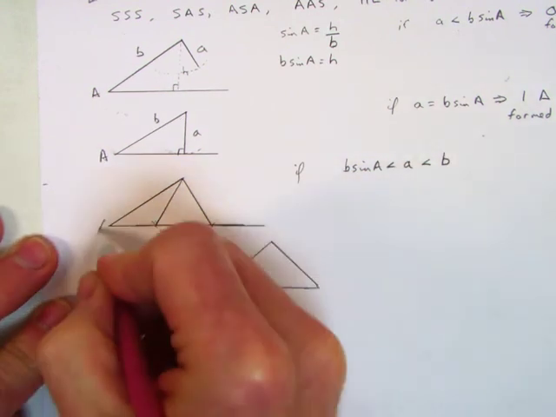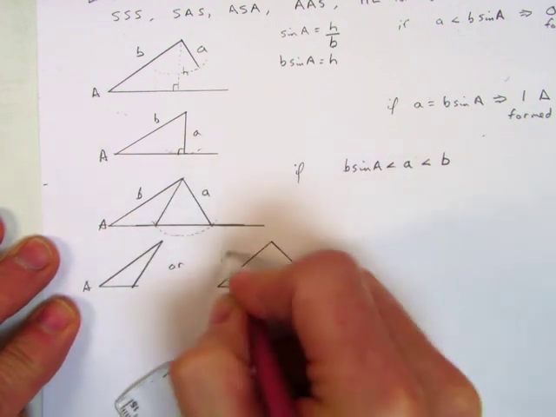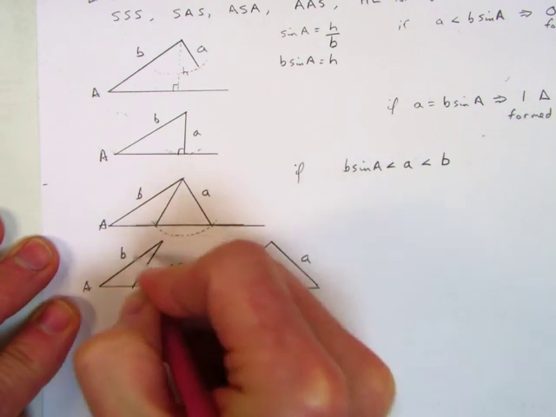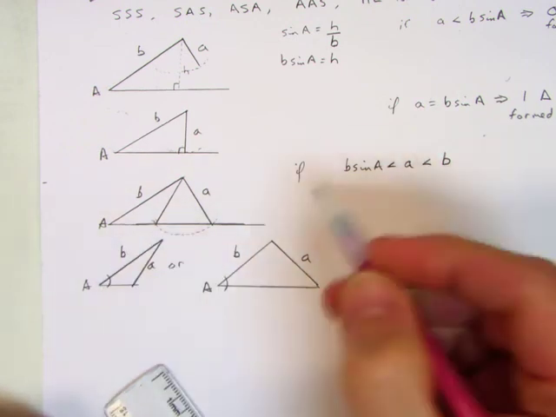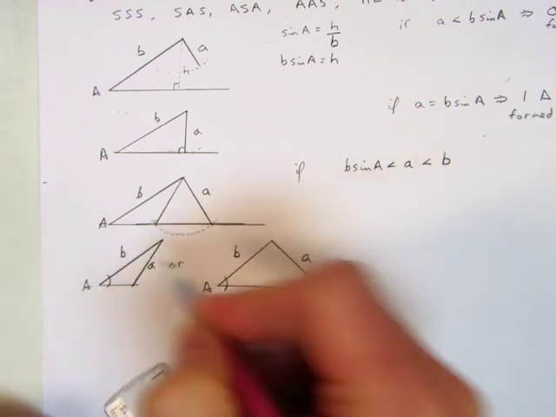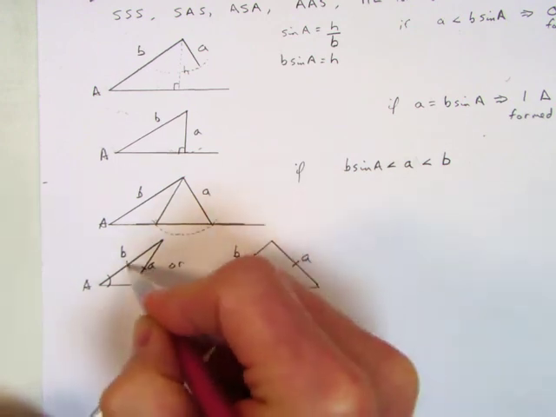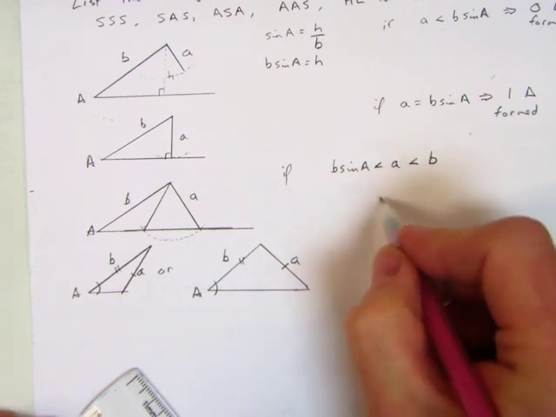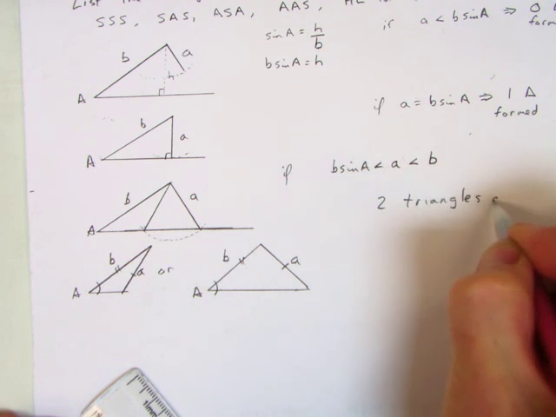We still have the same fixed measurements, A, B, and my picture here on the right is not drawn perfectly. That's okay. But this little a is congruent to this a, little b's are congruent, and angle A is the same. So in this situation, two triangles are formed.